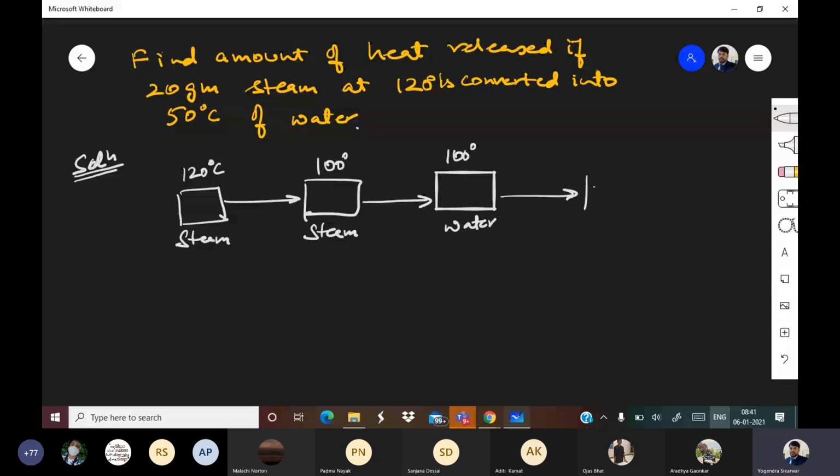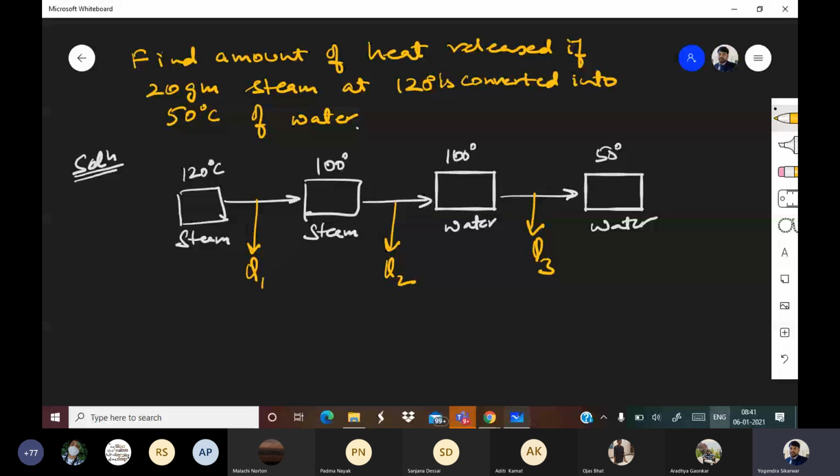And then we need to convert it into 50-degree water. That's what we need to do. So heat will be released here, Q1, Q2 and Q3. At these three places heat will be released.